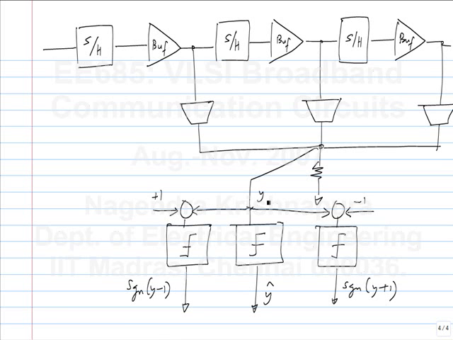So basically somehow or other I found the error. I have the error, now I need the gradient. What do I do? How do I find the gradients?